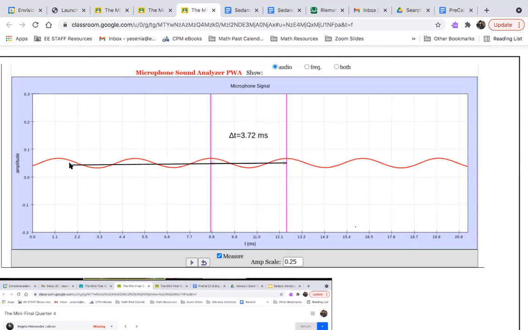So I'm just going to draw a straight line through it so that I could see where the midline is intersecting my y-axis. This is a question for you, Rebecca. Where is the midline intersecting on the y-axis? It looks like it's between 0 and 0.1. What would you say this intersection point is at?